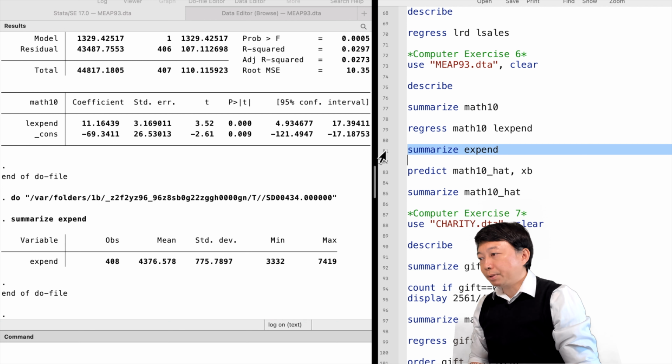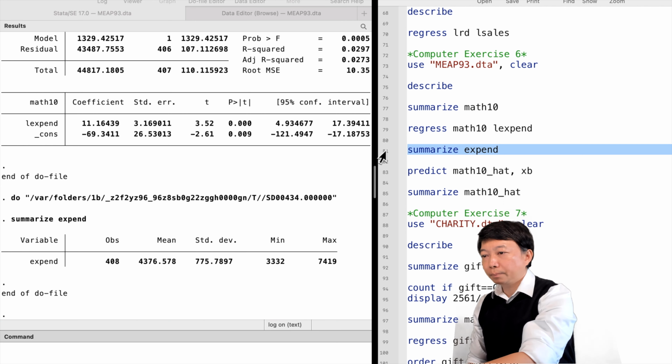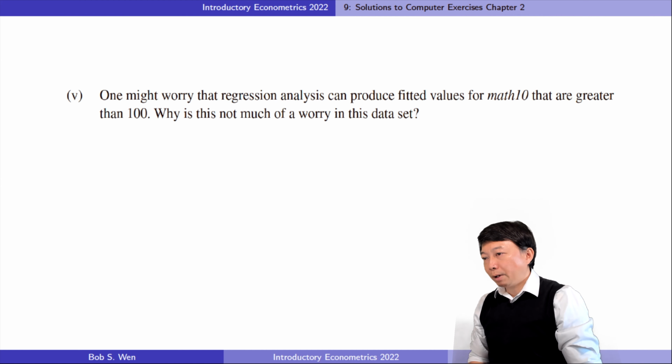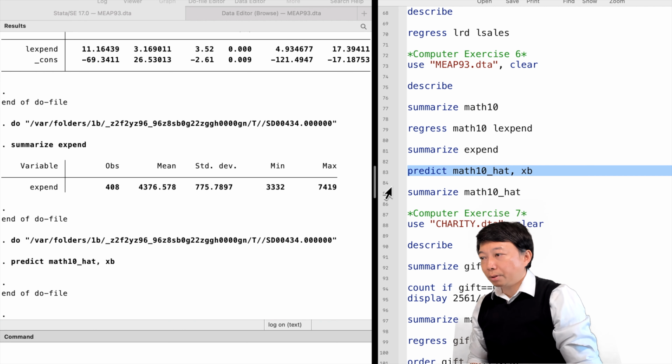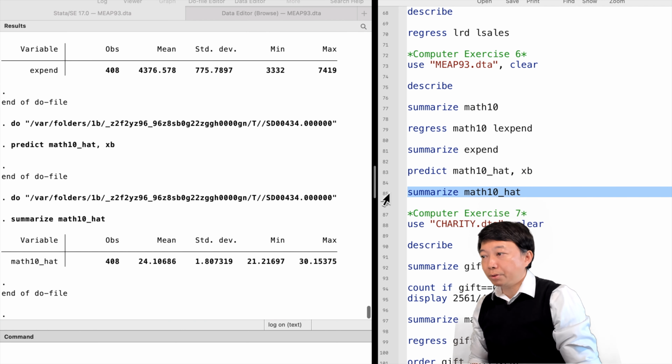The 1.1 percentage point effect on the mass pass rate is not large, but also not trivial. For the fifth question, the maximum mass pass rate in the sample is 66.7 percentage points. We don't worry that the fit value will be above 100. We find that the fit values range from 21 to 30.